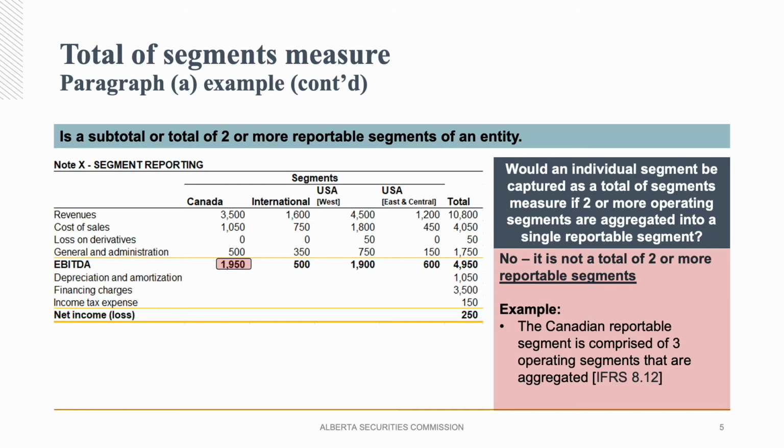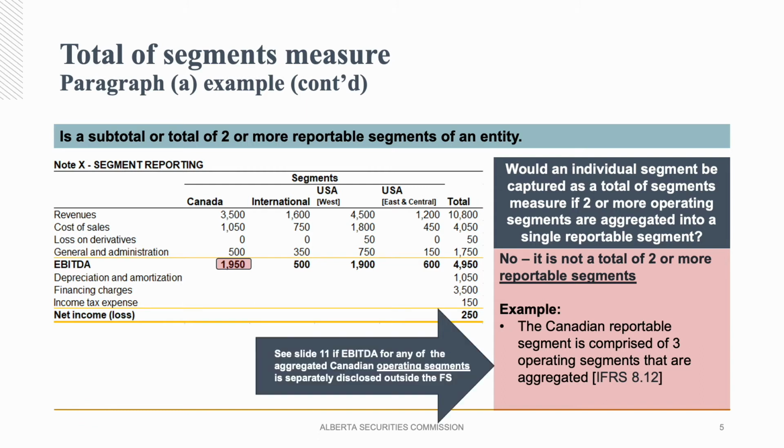This individual Canadian reportable segment is simply the aggregation of 2 or more operating segments. But if EBITDA for one of the 3 aggregated operating segments is separately reported in the issuer's MD&A, then some disclosures are required under 52-12. I have an example of this later on, starting on slide 10.